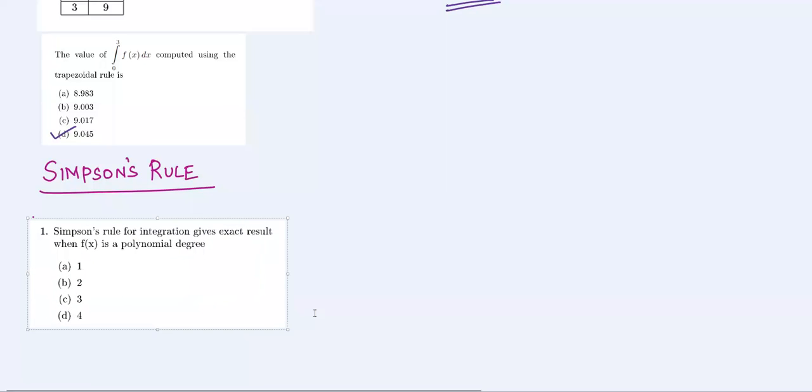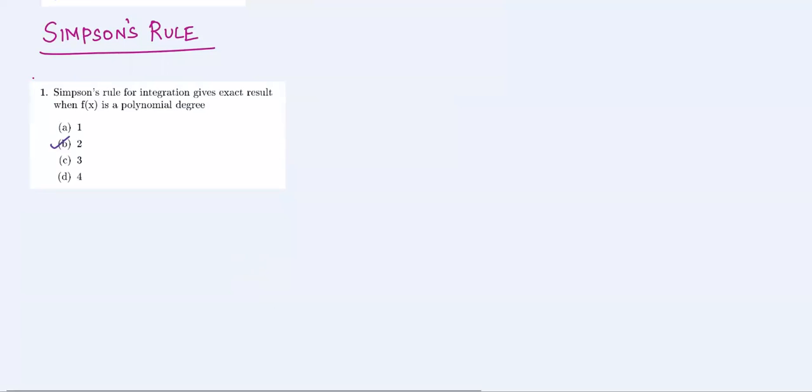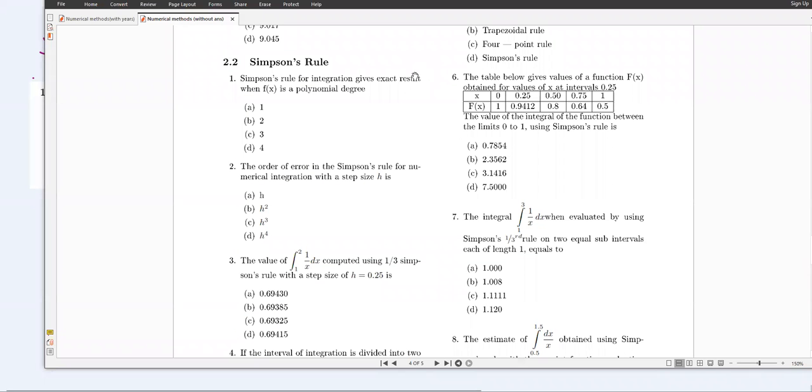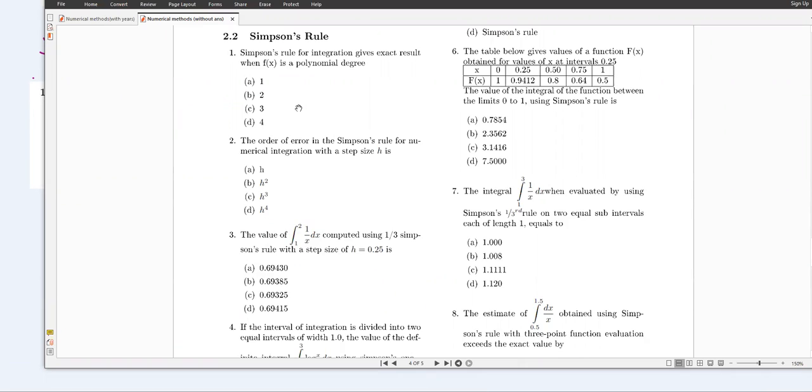Simpson's rule gives an exact result when f of x is a polynomial of degree 2. If it's a polynomial of degree 2 and we are making a parabolic approximation, it will exactly match. So this is Simpson's rule.